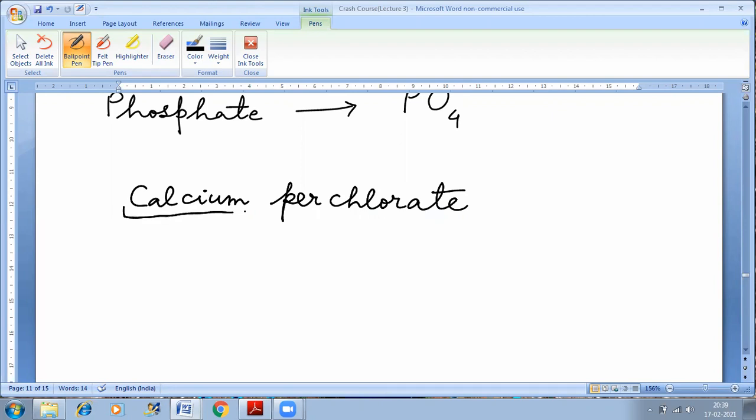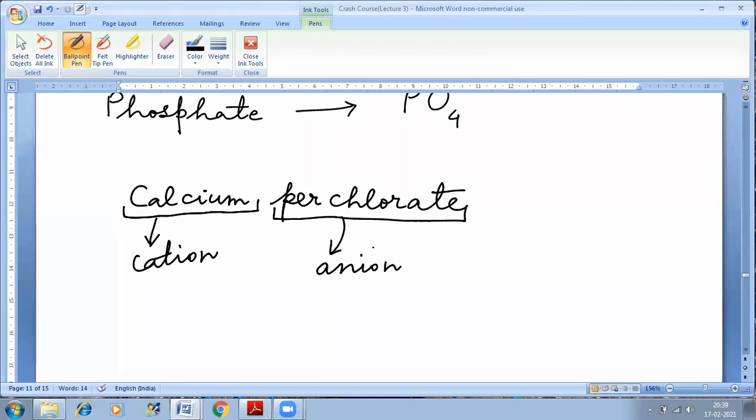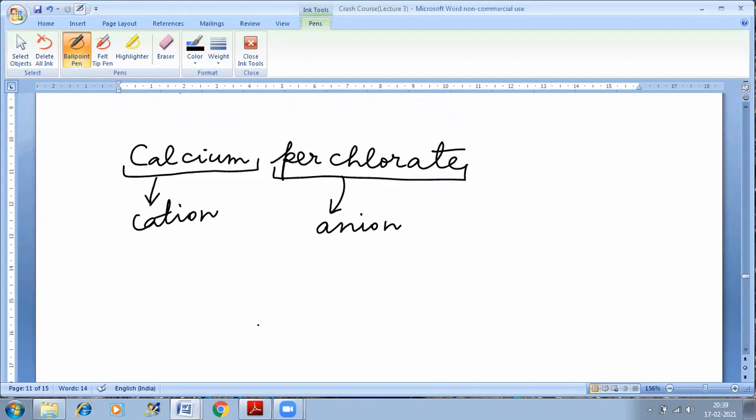This is the cation because whatever is written before is the name of the cation. This is the anion. So that is the first thing: identify the cation and the anion. Once you have identified, then see what is the charge on each ion. Calcium is this, and the charge on calcium is this.